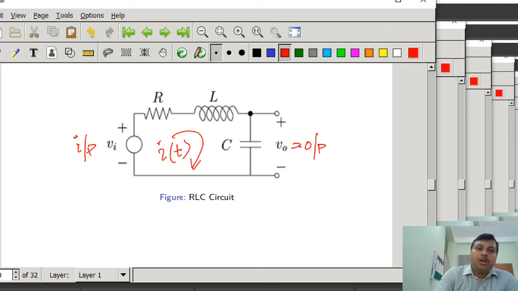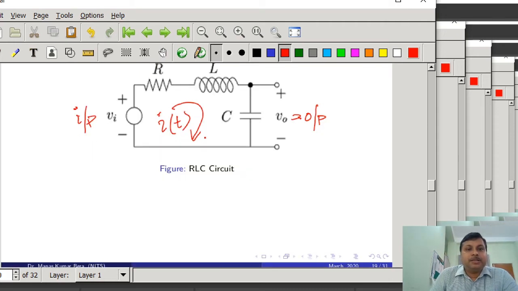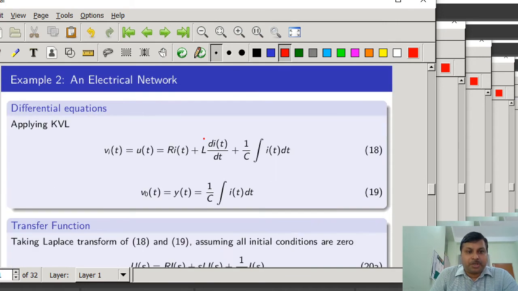Now we can apply the fundamental law, KVL, to write the integro-differential equation: Vi(t), the input u(t), equals R i(t) plus L di/dt plus 1/C integral of i(t) dt.